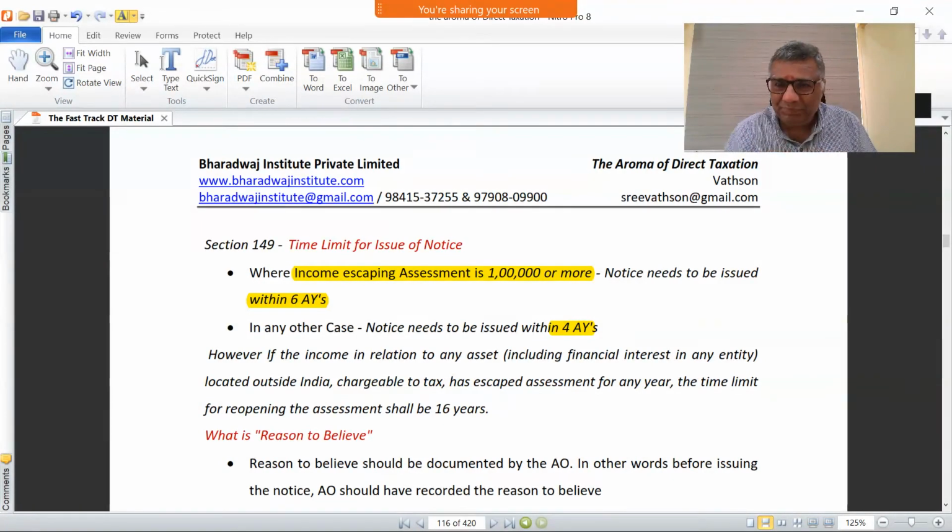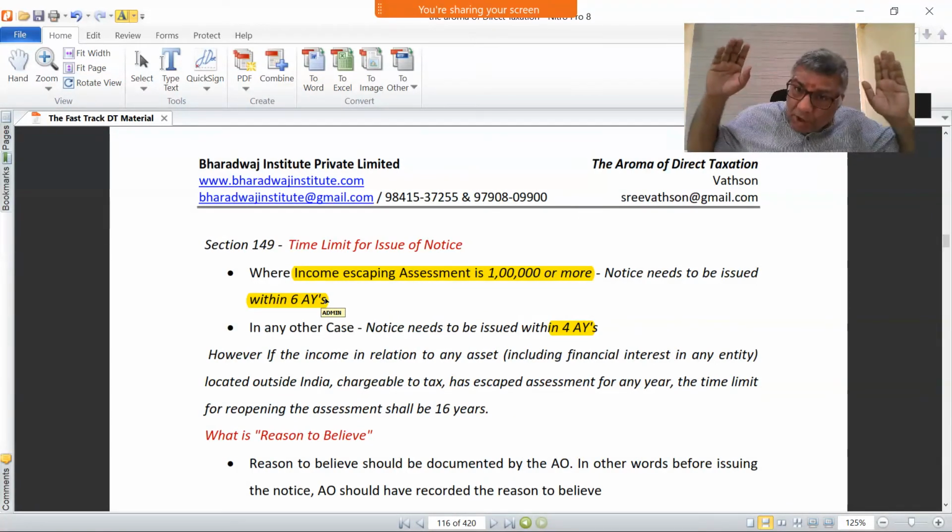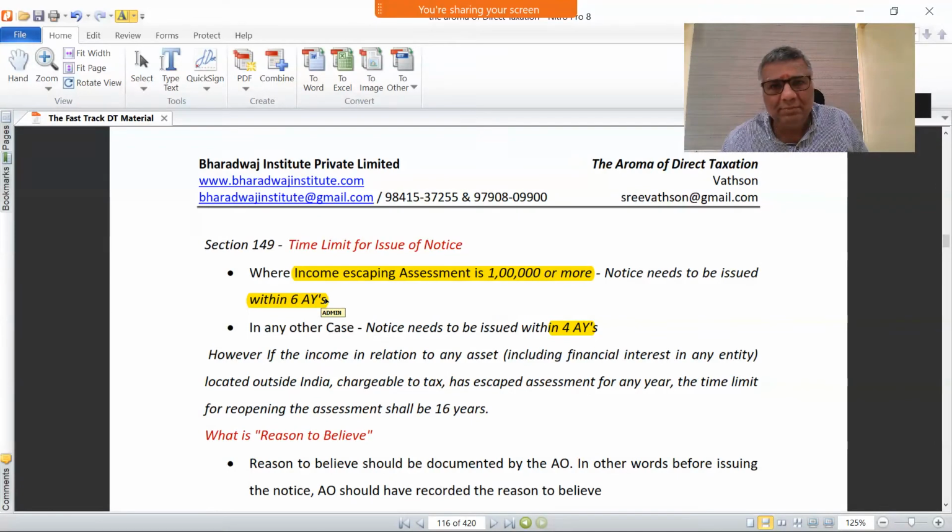And section 150 is going to say when this time limit is not applicable. I give you the time limit, and section 150 says the Supreme Court has pronounced a judgment and I have to implement that judgment.